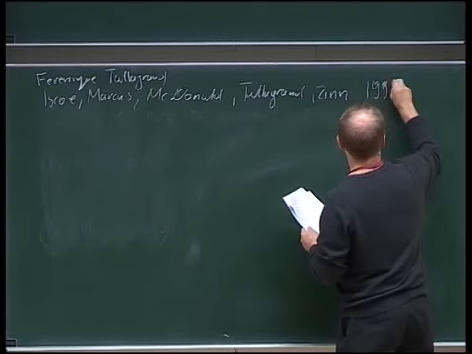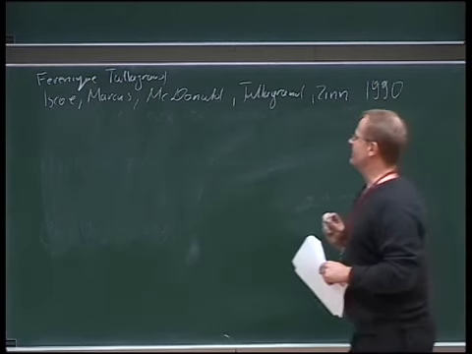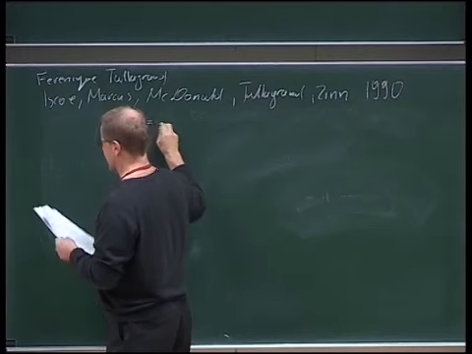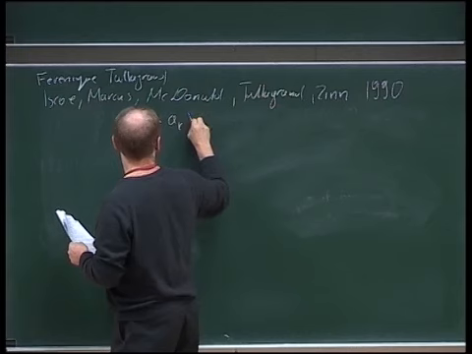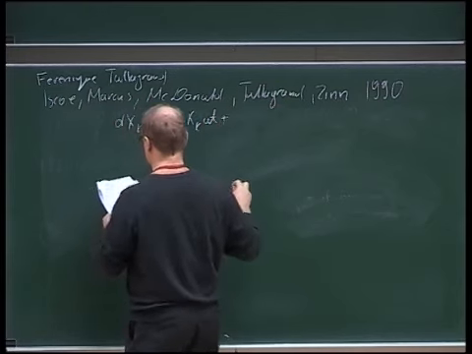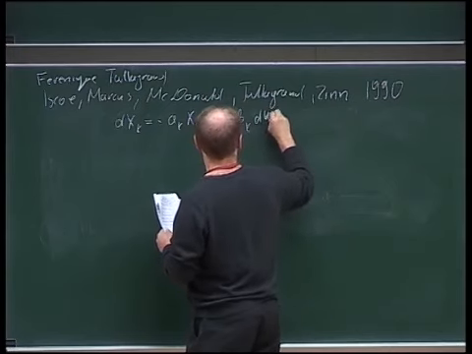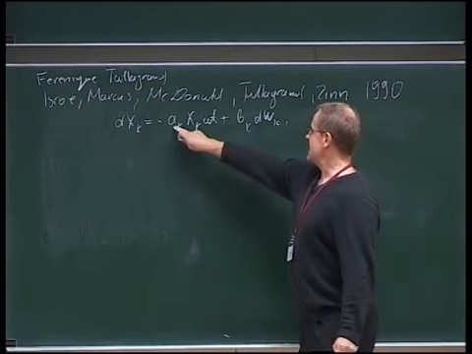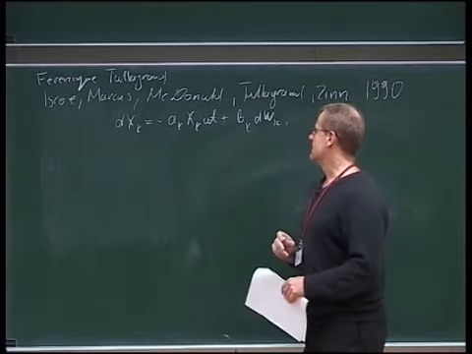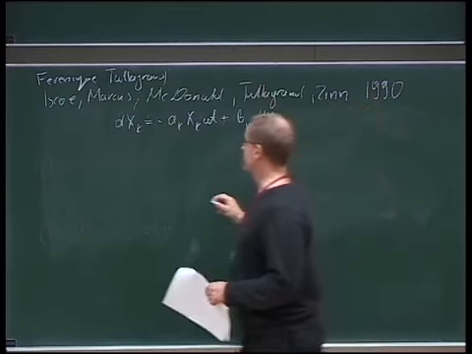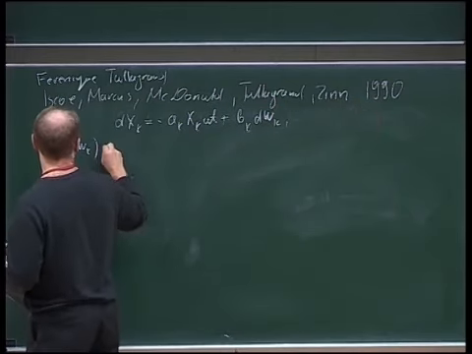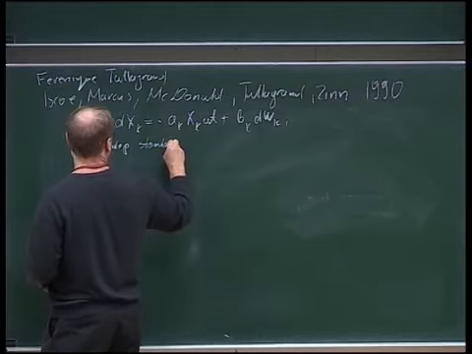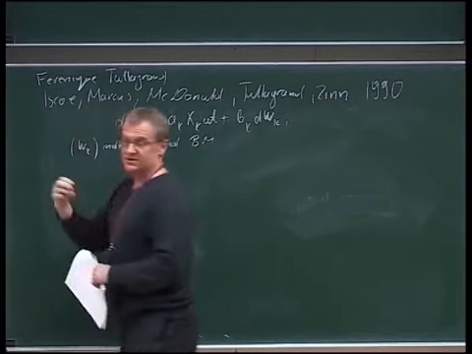And what they studied is the diagonal case. So dx_k equals minus a_k x_k dt plus b_k dw_k. And of course, a_k and b_k are some real numbers, and w_k are independent standard Brownian motions, one-dimensional real valued, of course.